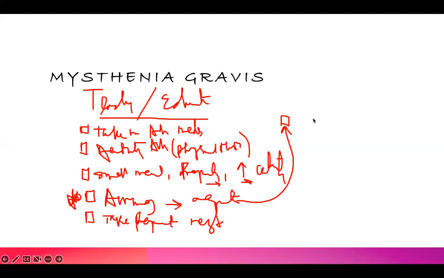Flex your head forward so that you don't aspirate. And what kind of food will you give them? Clear liquid is not good for them. Something with thicker consistency to prevent aspiration.